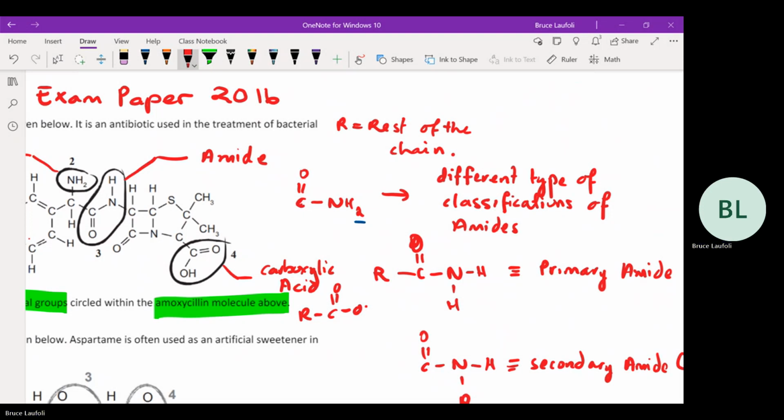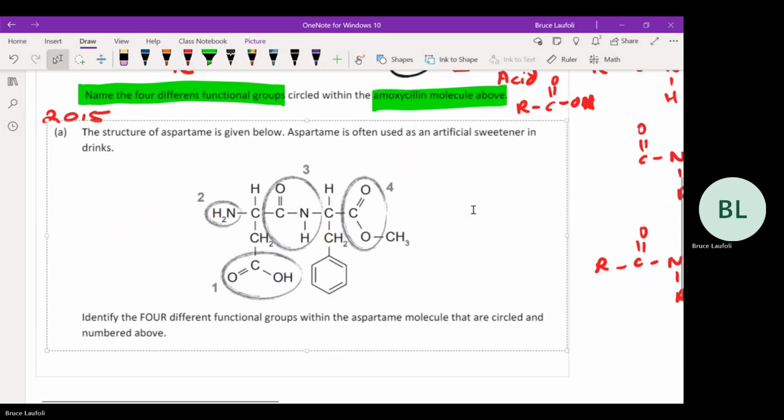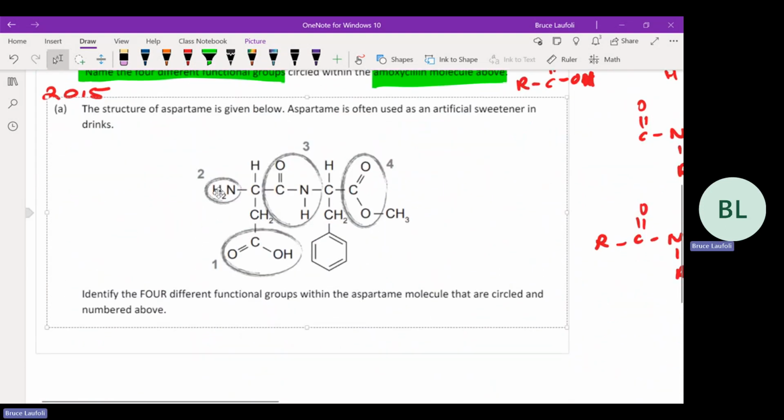Let's go over real quick in our heads, because my pen has stopped working, these functional groups in this 2015 past paper.